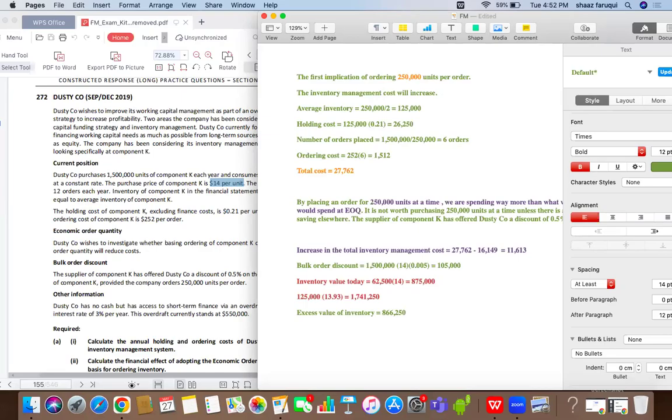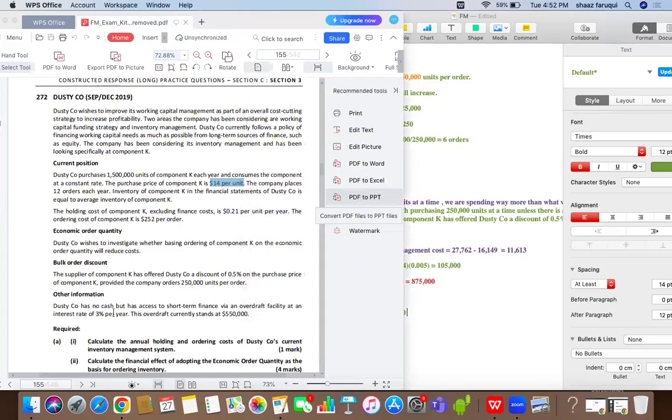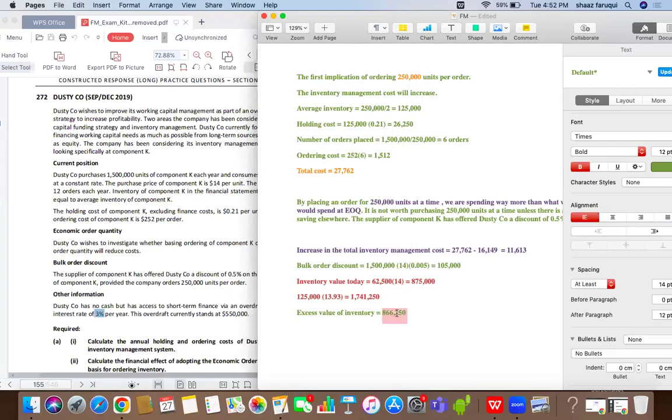We are buying extra inventory worth 866,250, and we will have to pay an extra overdraft of 3% for this extra cost. Can I repeat myself? I am paying extra overdraft of 3% for this extra cost.